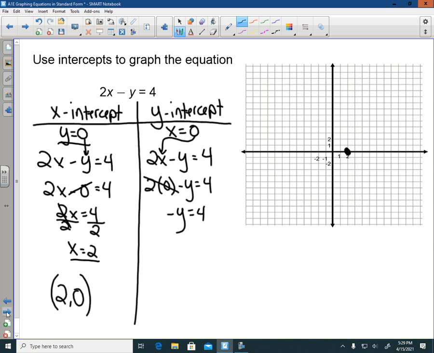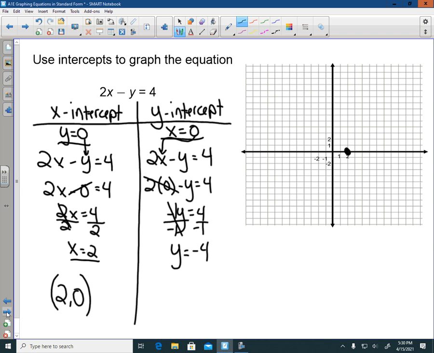Well, remember how I told you that having no number in front of a variable is sort of like having a 1? So we can divide both sides by -1, and these negative ones cancel, and I have y equals 4 divided by -1, or -4.